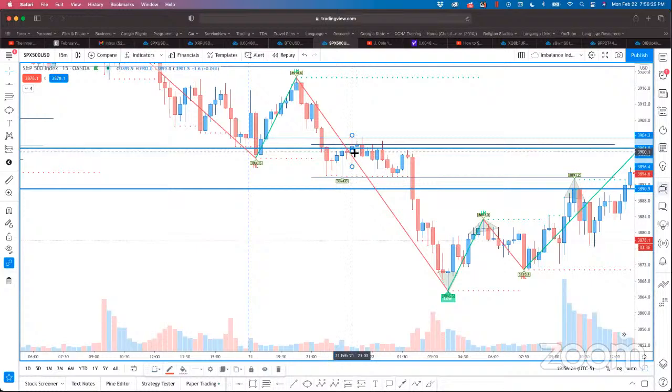And the next candle had a tiny wick. But for me, I just didn't like how this little wick was over here. I just didn't like it. So I decided to wait for this candle.